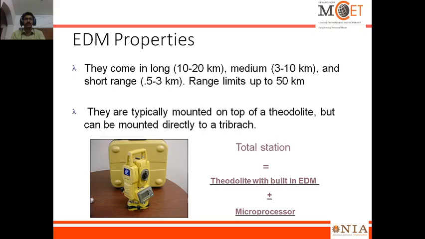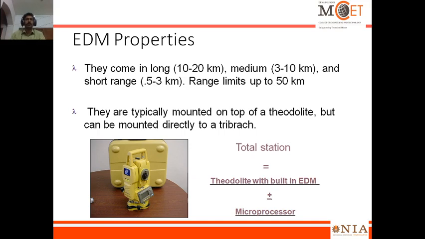The latest one is the total station. It is the combination of a theodolite with a built-in EDM, plus or minus a microprocessor. If the microprocessor is not available, it is an electronic theodolite. If it is combined with a microprocessor, it is called a total station. You have to remember this.